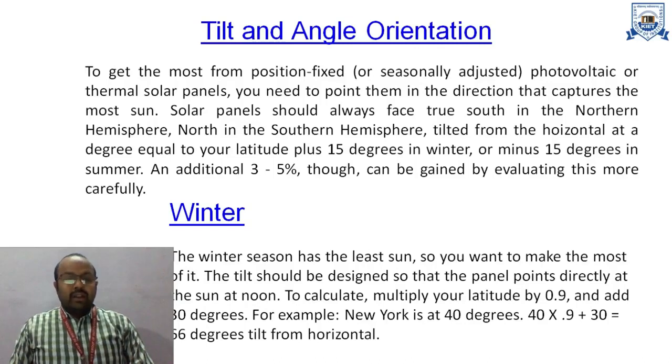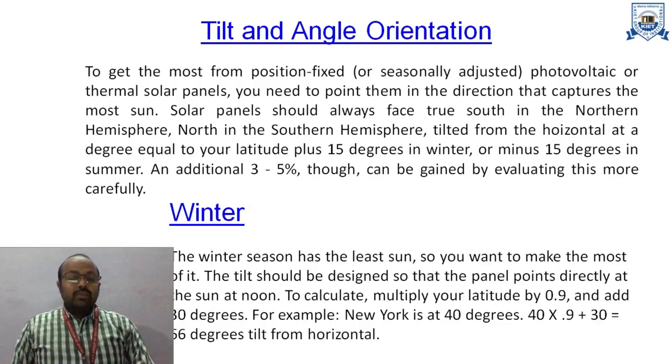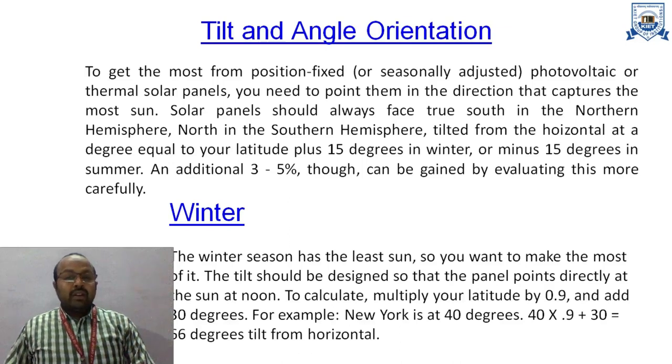In the winter the angle position changes. As an example, for New York, if it is 40 degrees, the calculation is directly affected by the latitude and the particular angle. So the horizontal axis position, latitude and longitude affect the calculation of the tilt angle orientation.